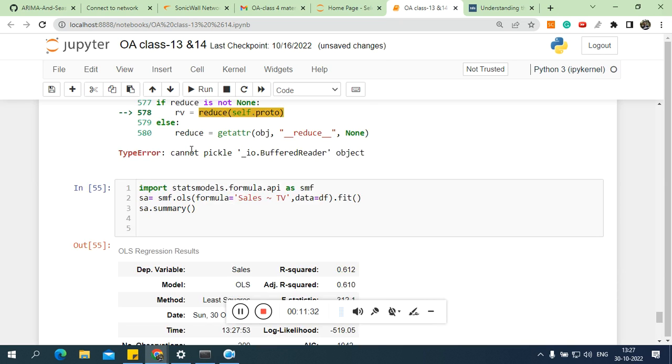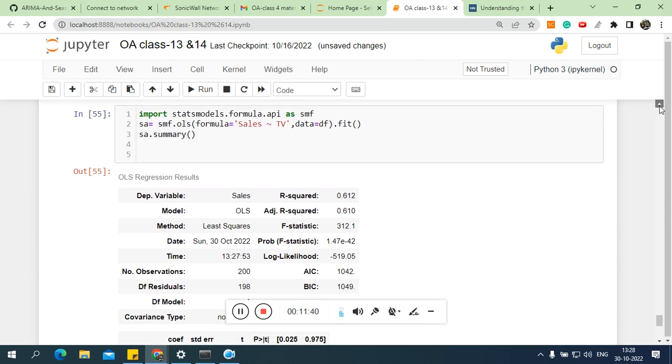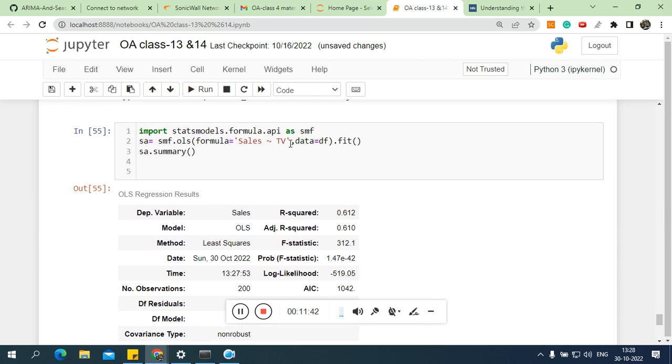Now let me check. Actually, I want this analysis; I forgot that. Now you can see when I pass both sales and TV, I want to see the summary of this entire model, the relationship between these two. In stats, you are aware of the R square value.